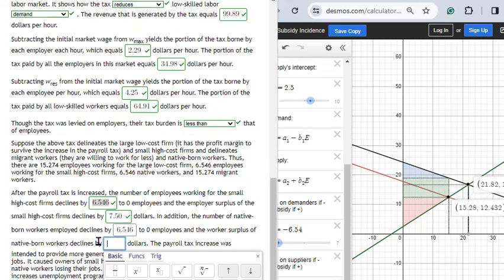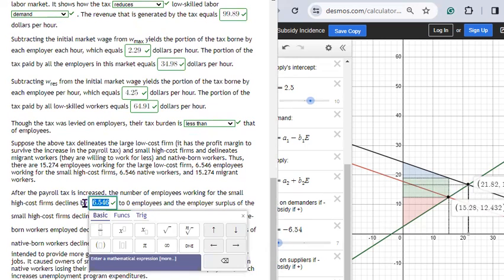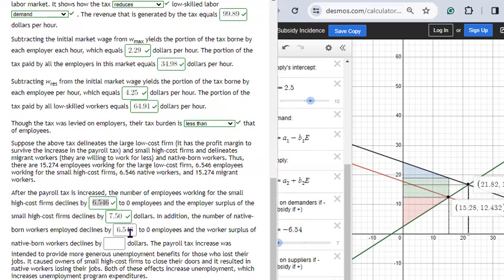So the number of employees hired by these small high-cost firms is 6.546. They were all native-born workers, right?